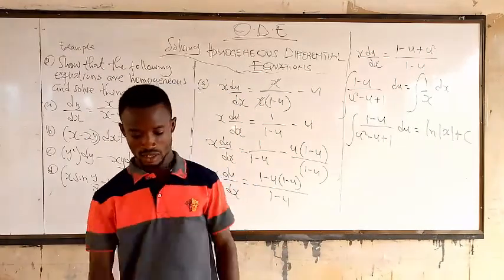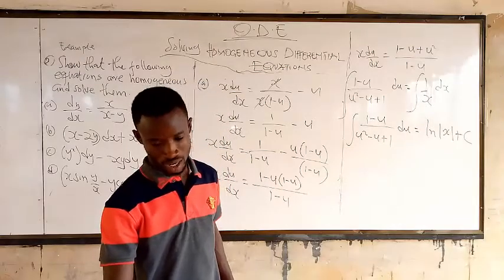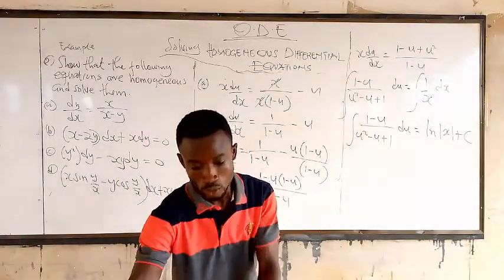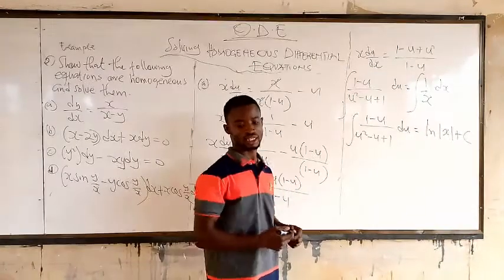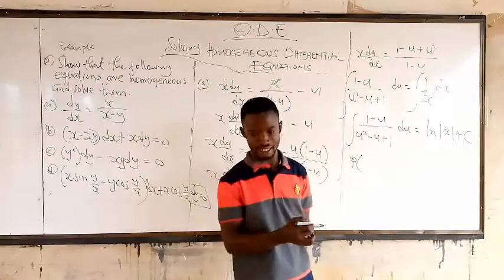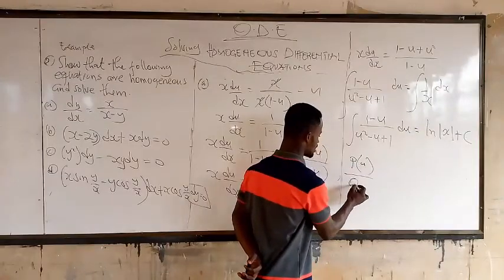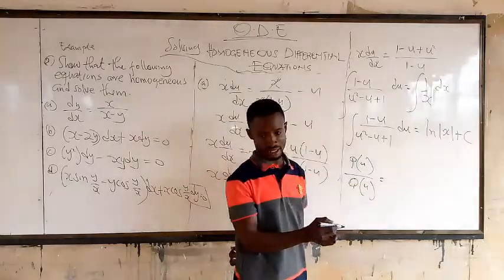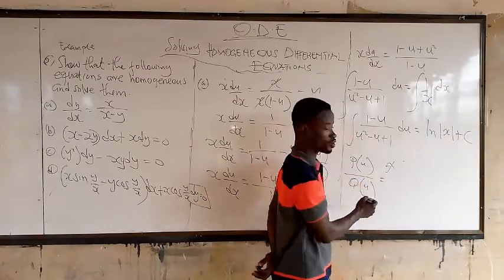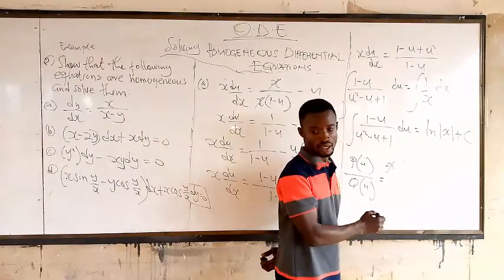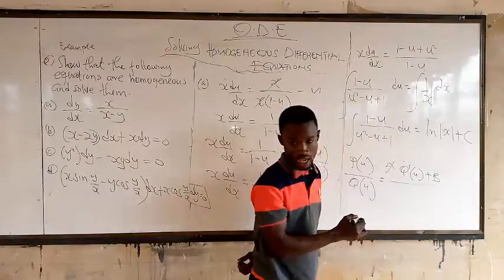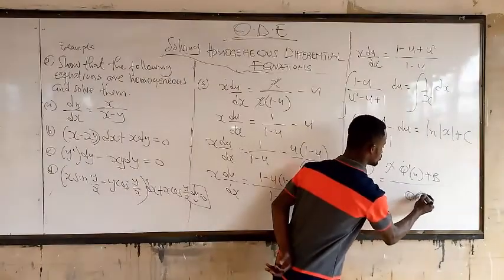Now, in case you have forgotten your calculus 2, we have a technique that says that if you have a function of u, P(u) over Q(u), this is going to be equal to A Q'(u) plus B over Q(u).